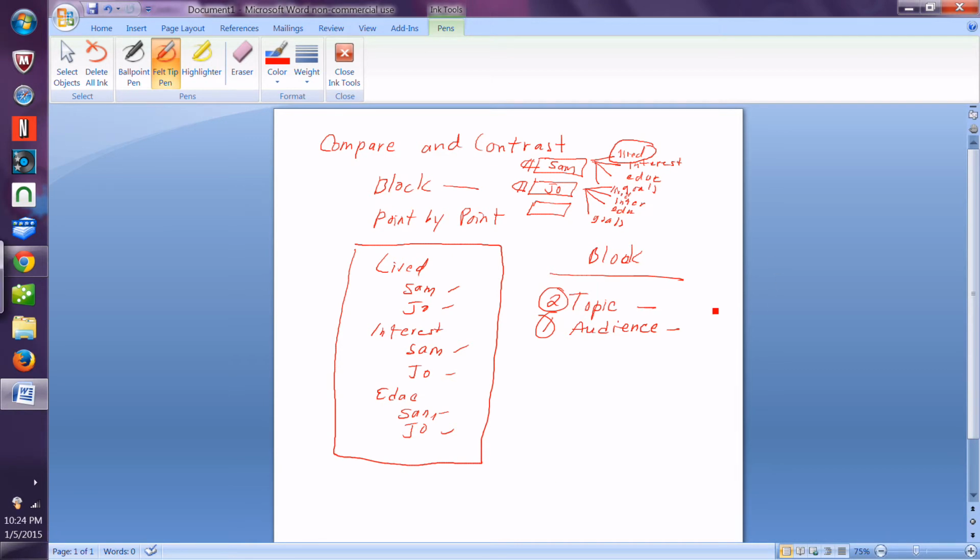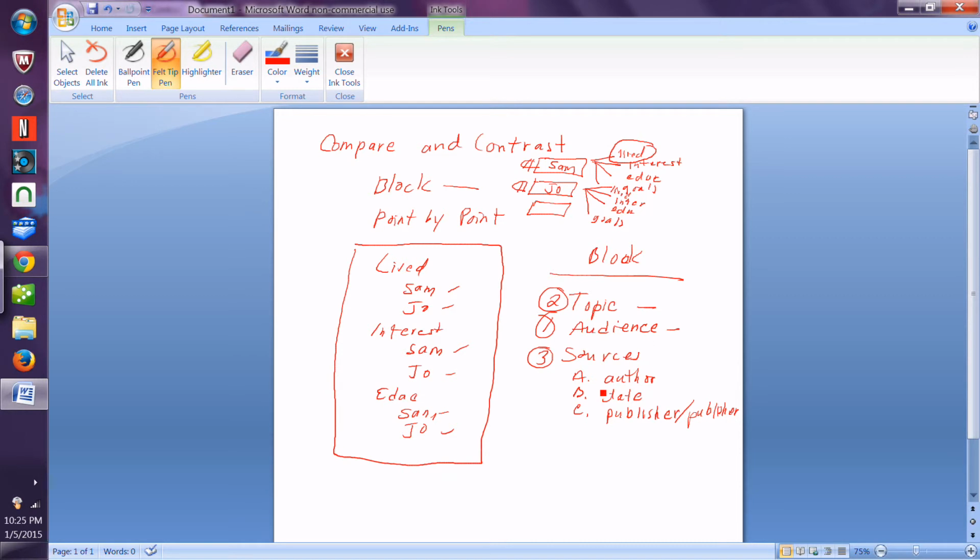So once we have our audience and we have our topic, we're going to look for our sources. And for our sources, remember, we want to have an author, we want to have a date, and we want to have a publisher or a publication. And those represent good sources.